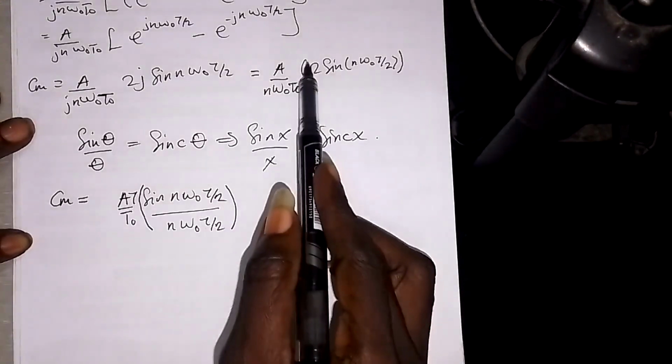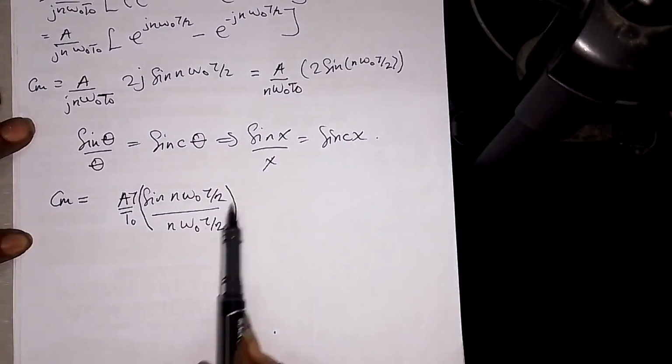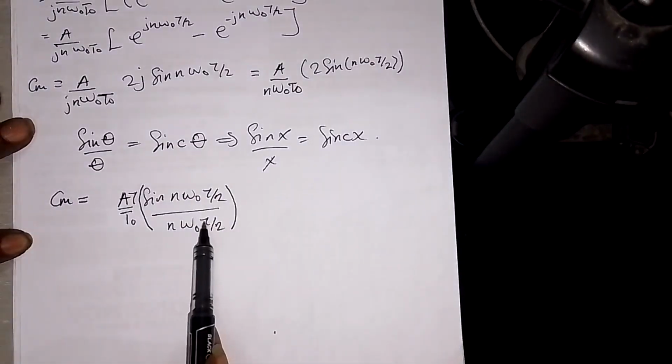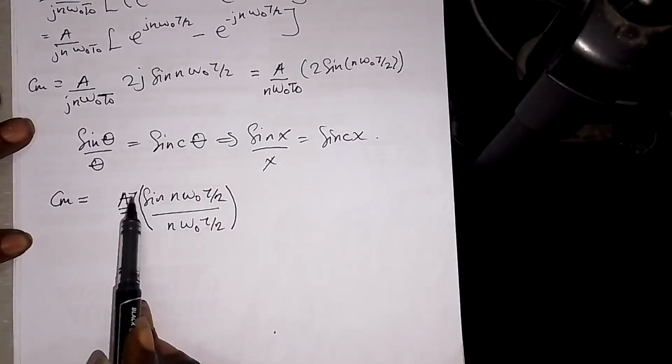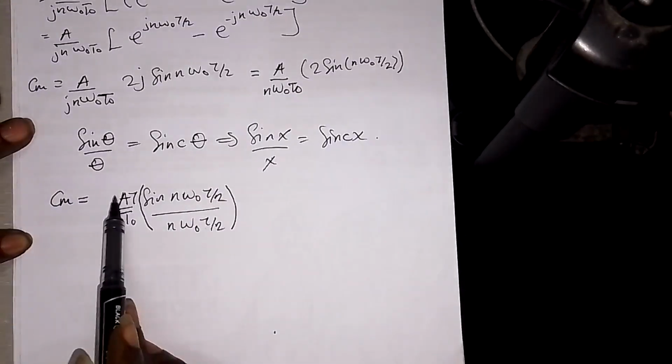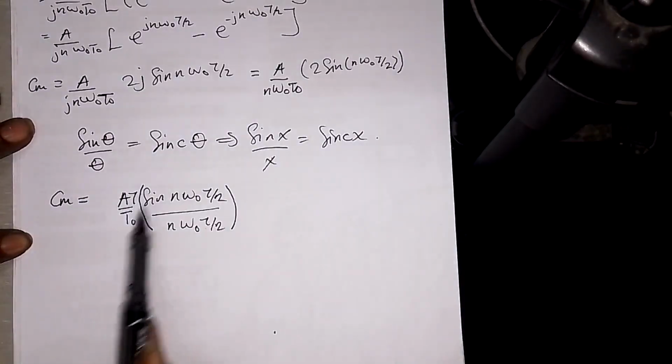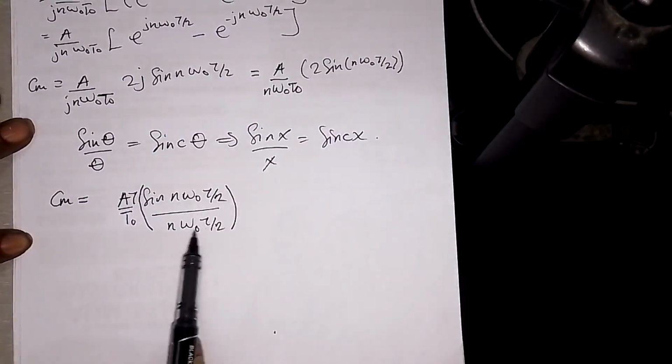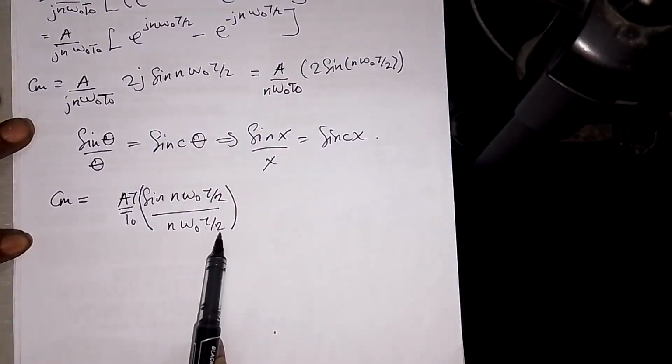This 2 has come here. Now, I brought a tau here, which means I must introduce a tau so that it will be like the original equation. So I introduce the tau here. Now this A is here and this T naught is here. As for these others, they have come here. That's how you can actually do this.